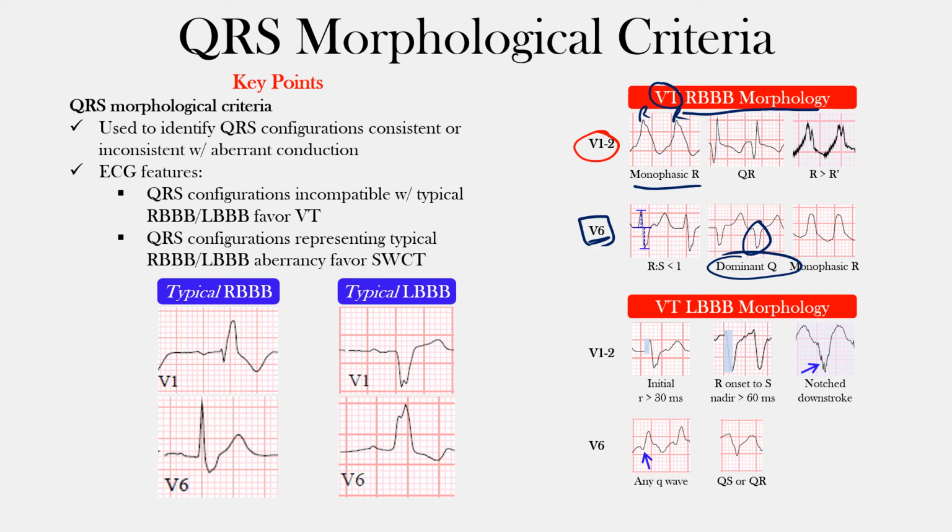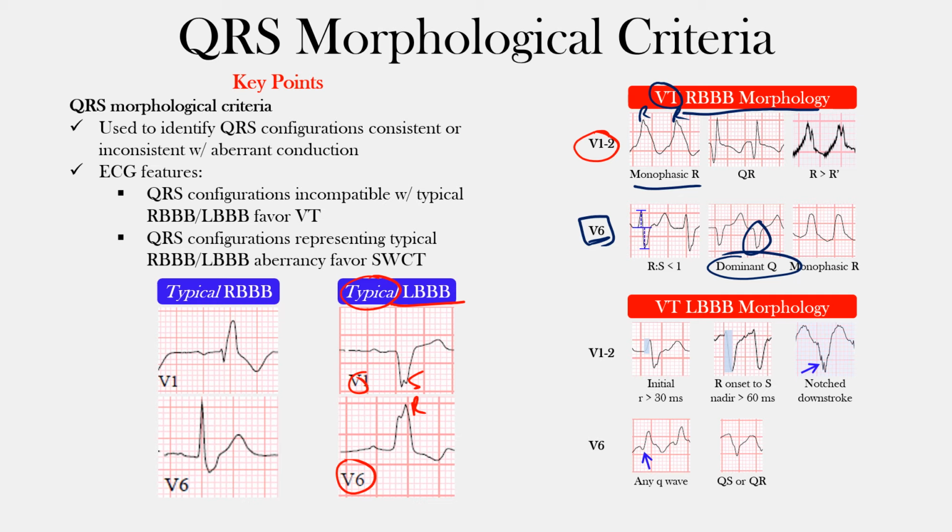We can see that typical pattern of a left bundle branch block here. You can see the monophasic broad R wave in this left lateral lead V6, and you can also see this terminal deflection that's quite slow and slurred here in V1. This S wave is almost a QS complex in that lead.